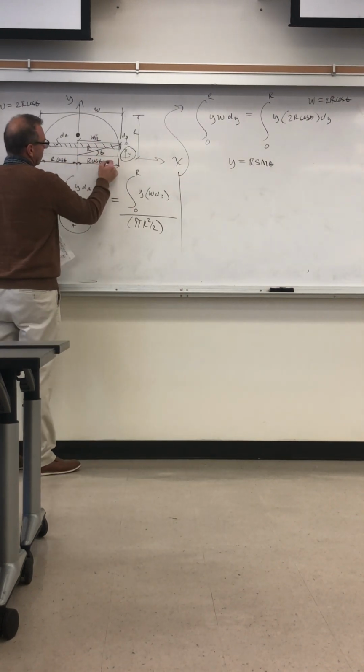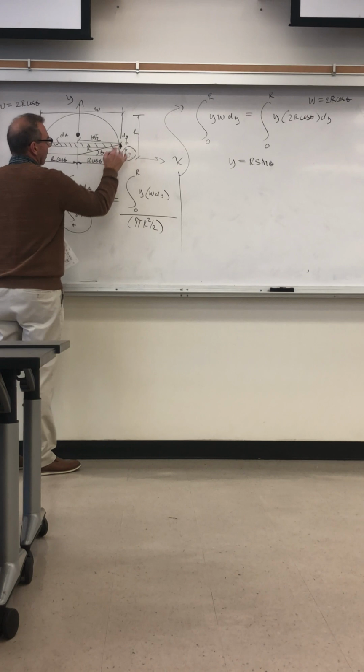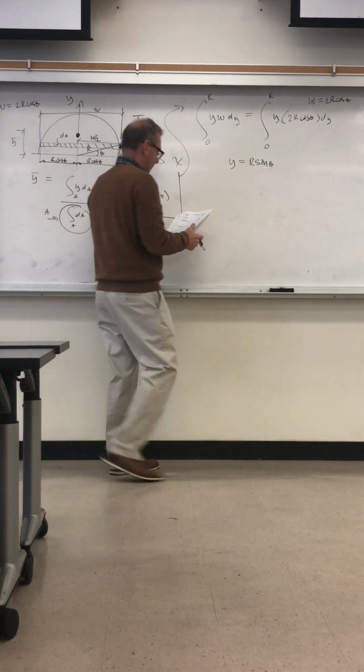This is r times the cosine theta, then this value up to that point, y is r sine theta.